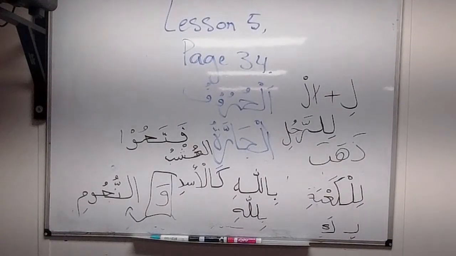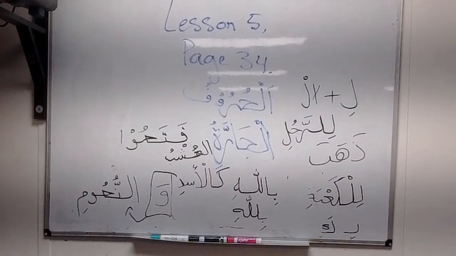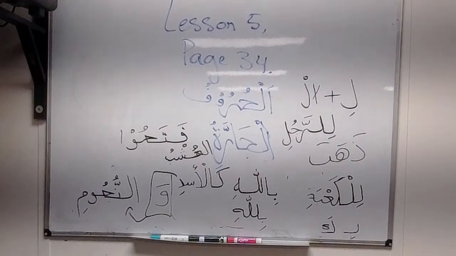Number 6 starts with the harf jar again. That's actually very common in the Quran and in hadith. That's an ayah right there in Surah Al-Baqarah, I think. Very good, part of it is. So, lil muslimi, what does lil muslimi mean? For the Muslims.